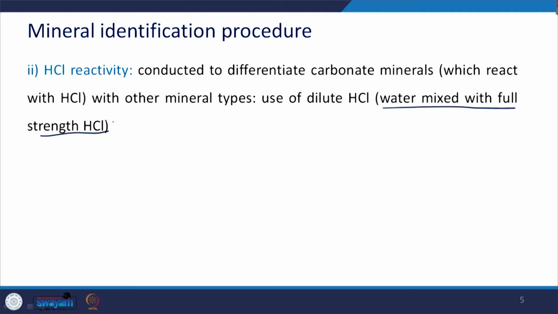This test is conducted to differentiate carbonate minerals from other mineral types. You all know that carbonate minerals react with HCl as compared to the other minerals. So this reactivity test is useful in differentiating carbonate minerals from other types of minerals.